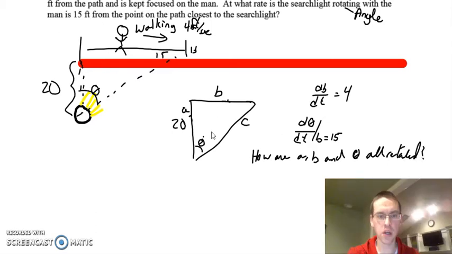Well, we have right triangle trig if we're trying to figure out how they're all related. We have the opposite, we have adjacent, we have the hypotenuse here. If we're looking at A, B, and theta, A and B are opposite and adjacent, we know that's tan theta equals opposite over adjacent.